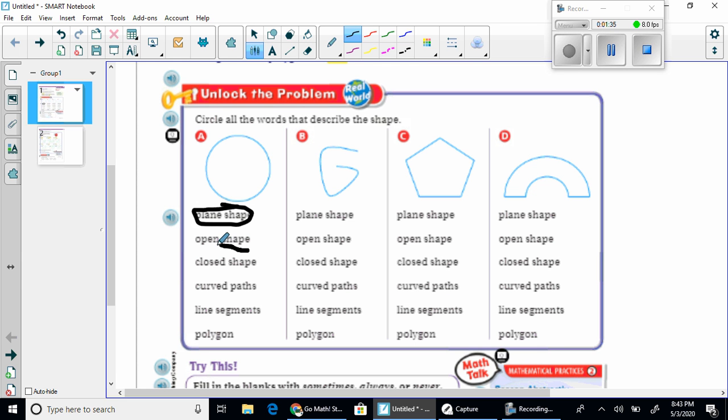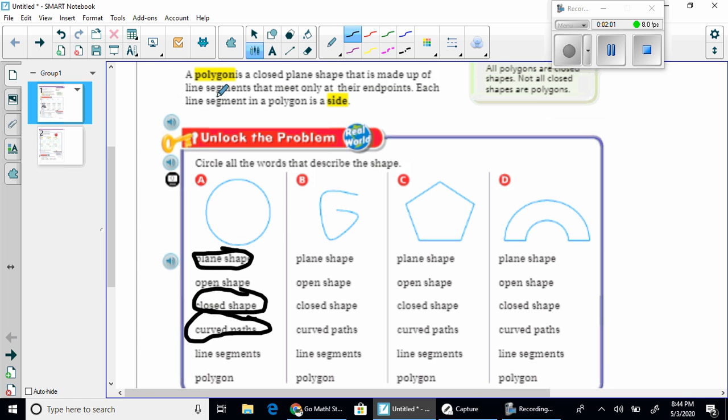My starting point and my end point are the same, so it is closed. I have curved paths. I do not have line segments because a line segment would mean that I had a straight line. And this is not a polygon.